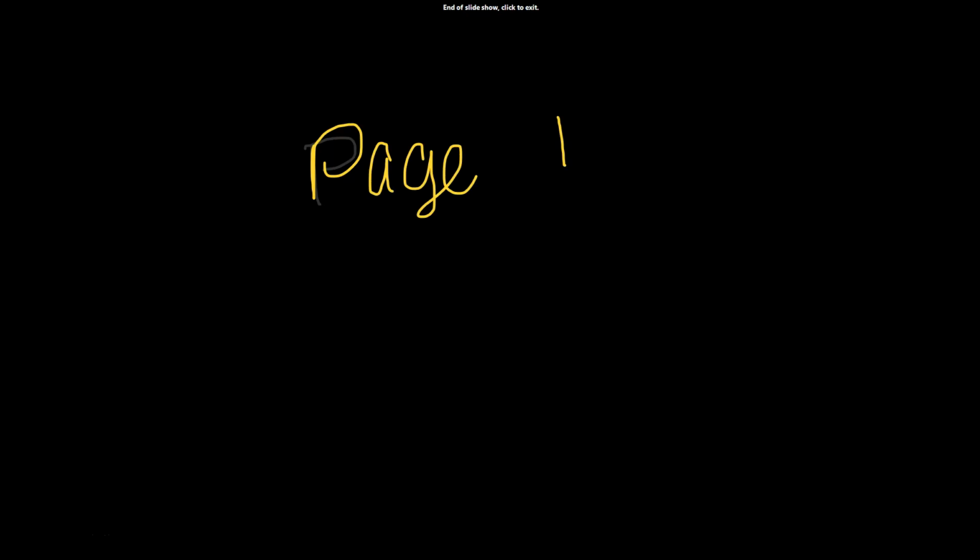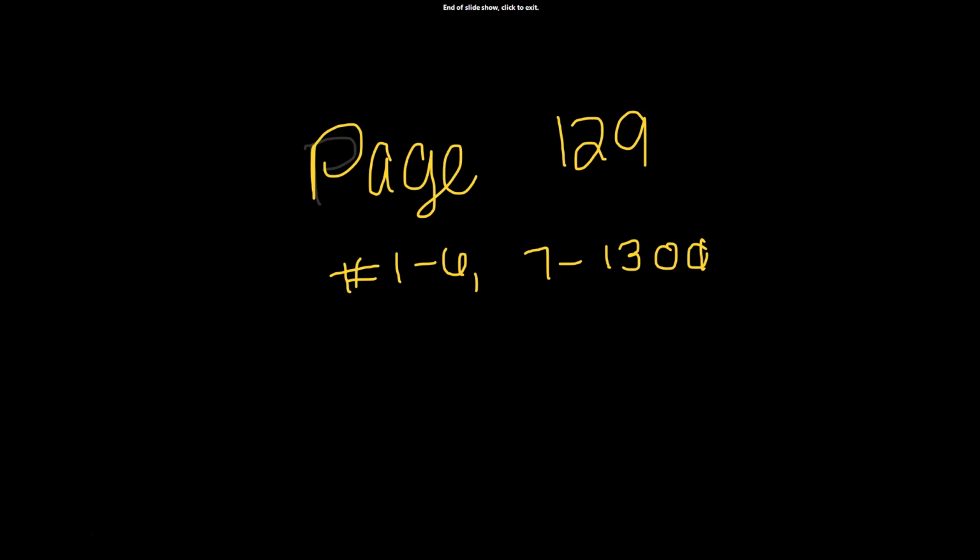So it's on page 129 in our new books. We'll look at 1 to 6. Some of them will be odds, but not the first 6. 7 to 11 odd. Actually, you can do 7 to 13 odd, because I'm going to make you do 13 anyways.